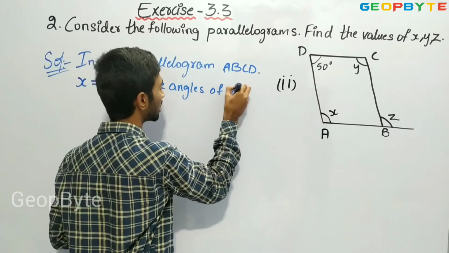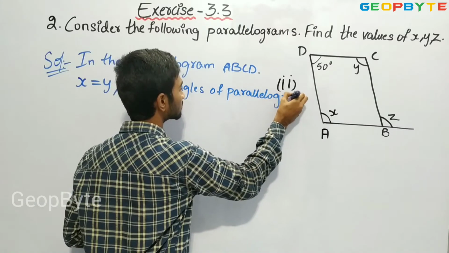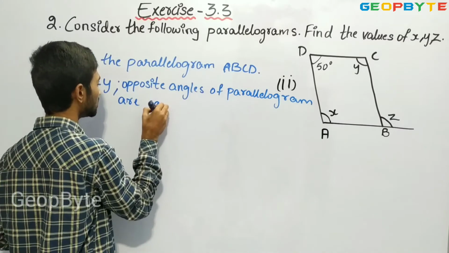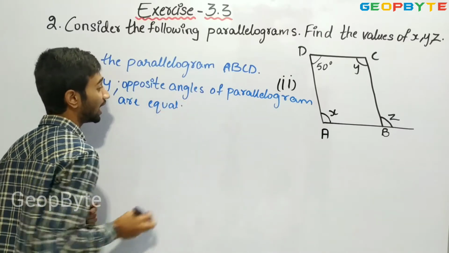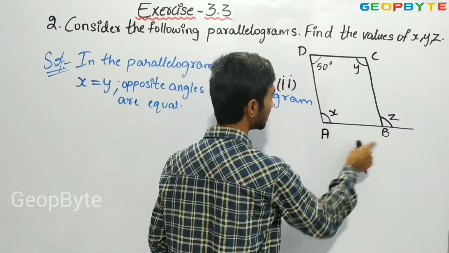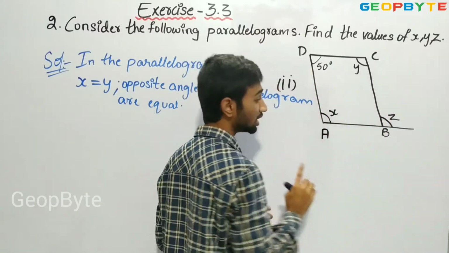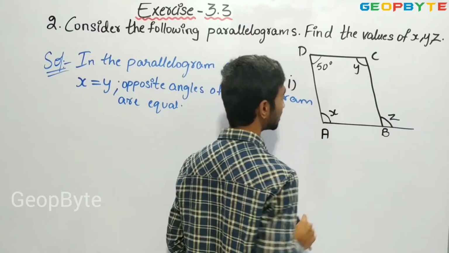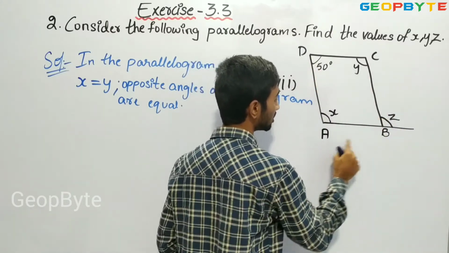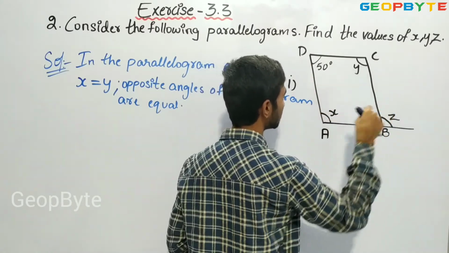Because opposite angles of a parallelogram are equal. And next, here DC is parallel to AB and DA is parallel to CB. Here the line AB intersects the lines DA and CB. So AB is a line which intersects the lines AD and CB.